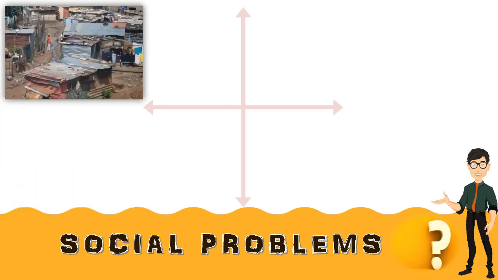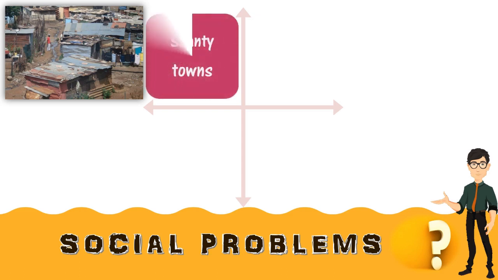In the picture, you can see a town where usually poor people live, a place lacking basic necessities of life like electricity, water, sewers, etc. These towns are called shanty towns.